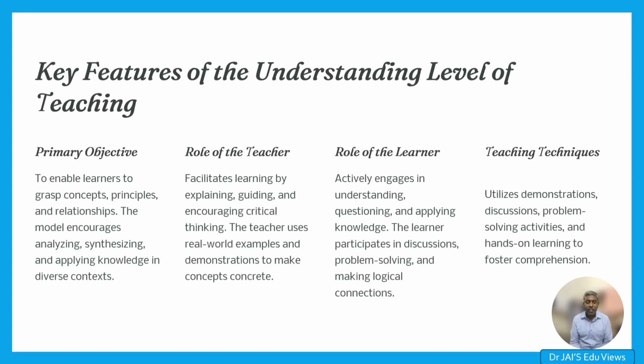So why I insist these 4 key features for Morrison model of teaching is, once a teacher wants to deliver a quality teaching to their children, then they should have some plan, and that itself is insisted by the Morrison model. So these things are very important. I will discuss one by one with small hints.